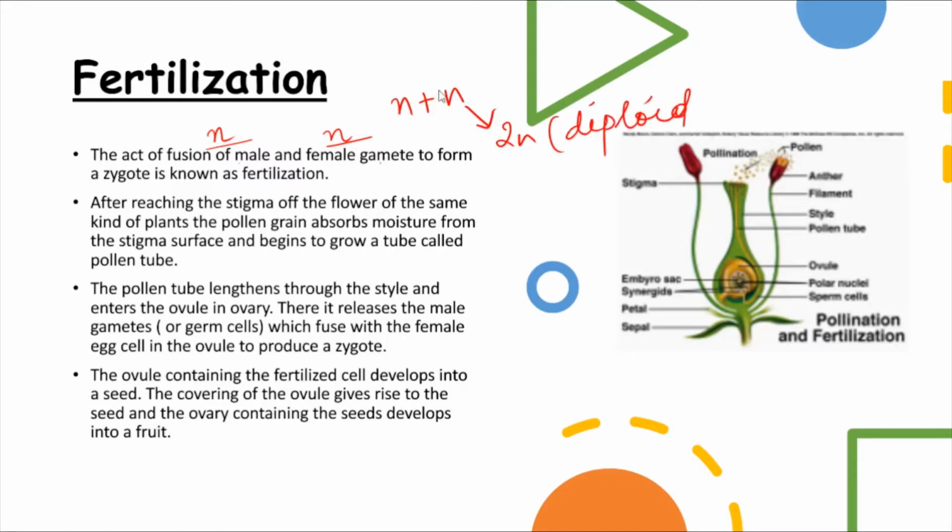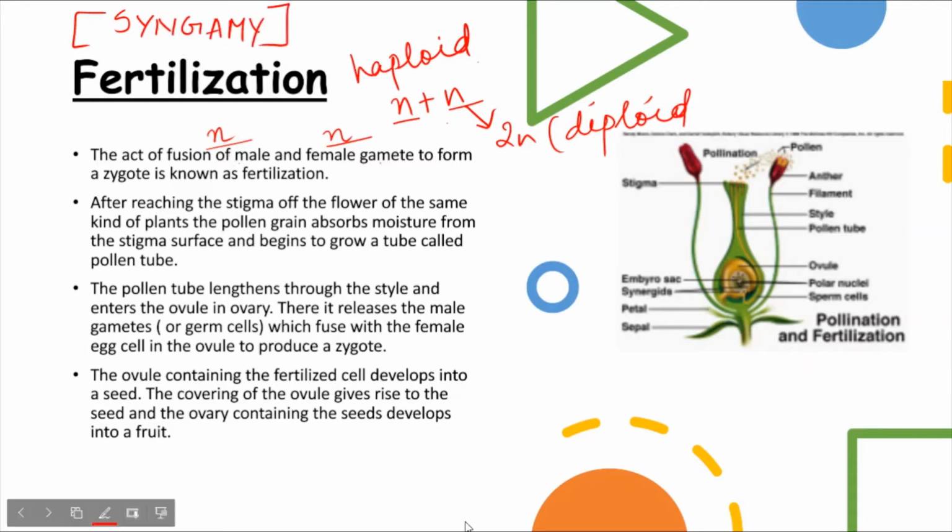The gametes are represented by only n. Fusion of the male and female gametes is fertilization. Fertilization is also known as syngamy.